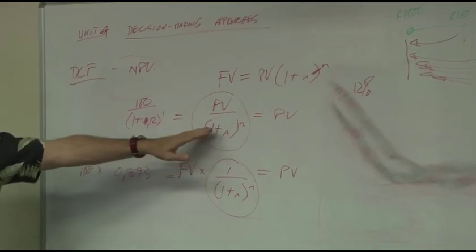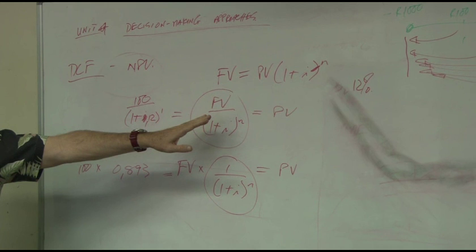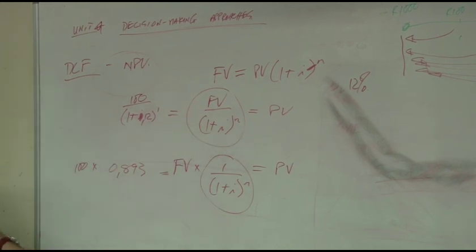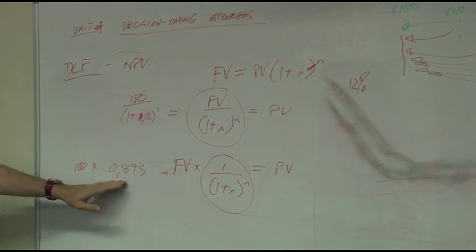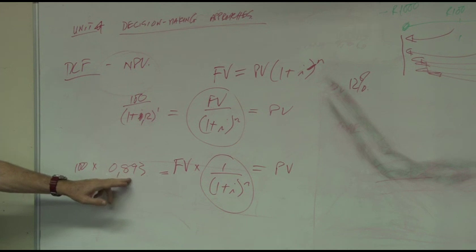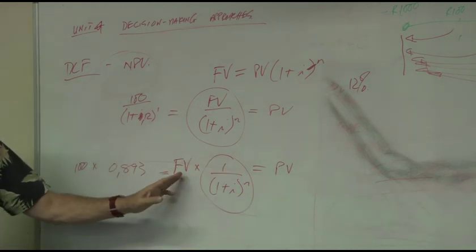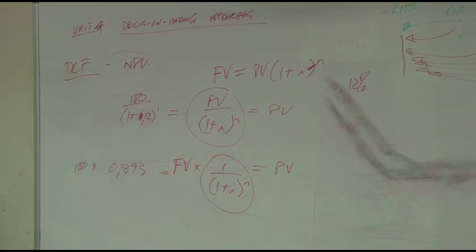You know, you might not be able to do this, for example. So you need a financial calculator for that. Or at least a scientific one. So we call this the discount factor. So what we've done, we've worked this out for you, and all you need to do is take the future value and you multiply it by the discount factor. Okay.